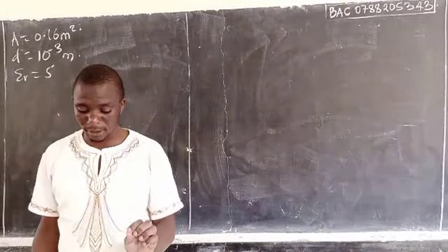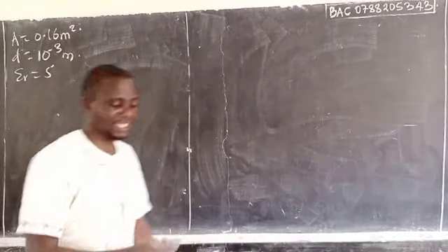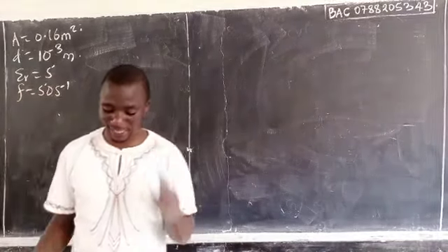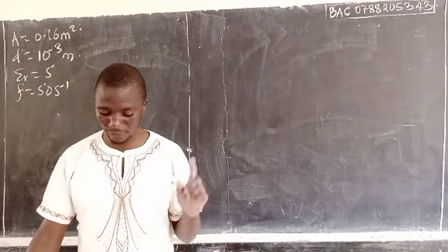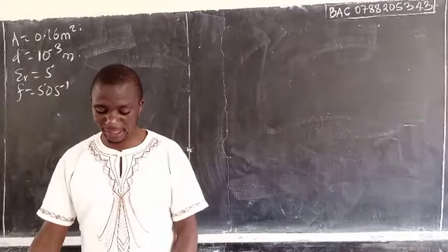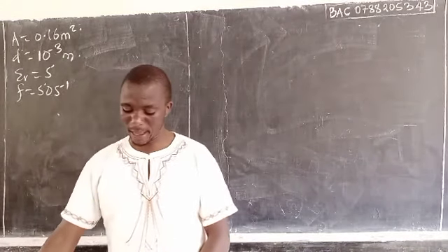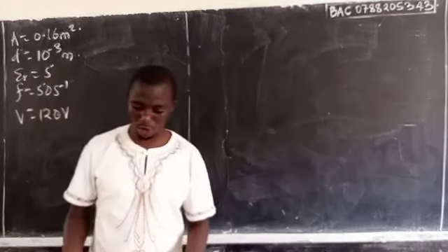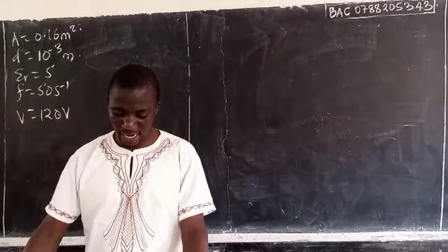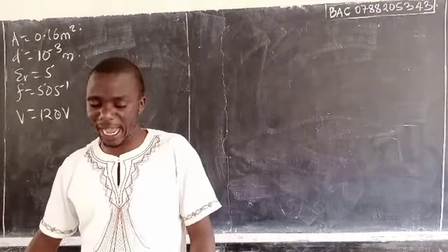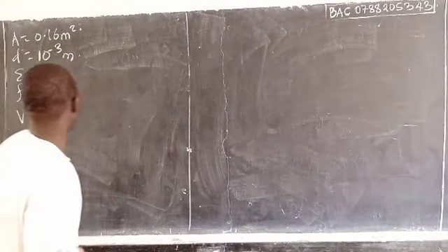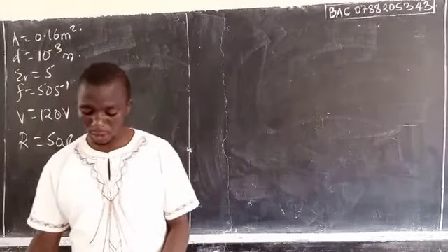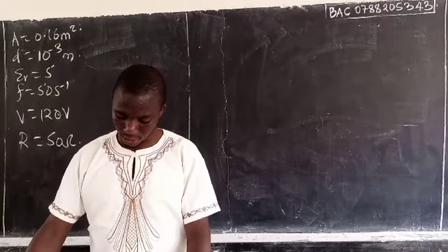The vibrating contact with frequency of 50 per second repeatedly connects the capacitor across a 120 V battery, and then discharges it through a galvanometer whose resistance is of order 50 ohms.